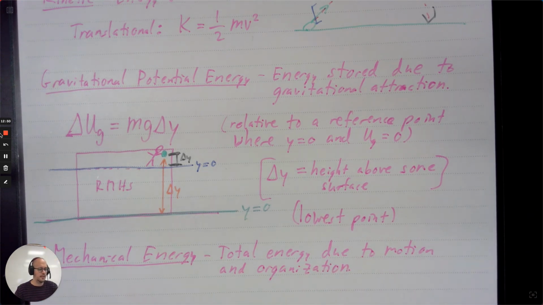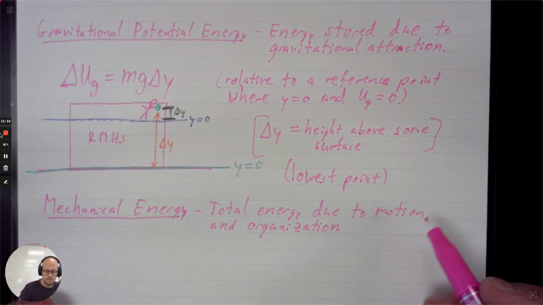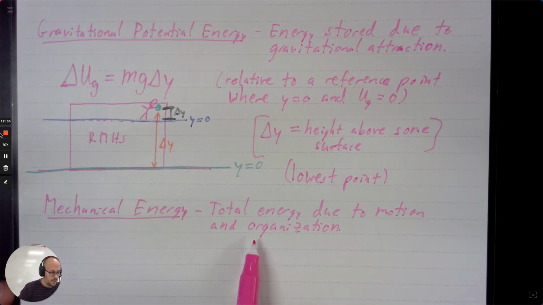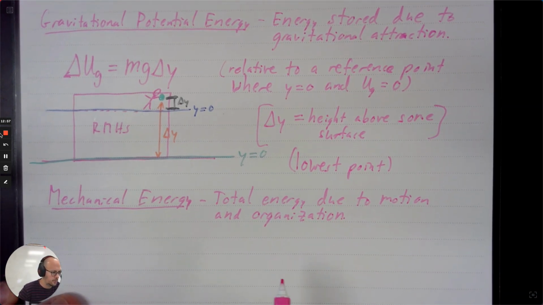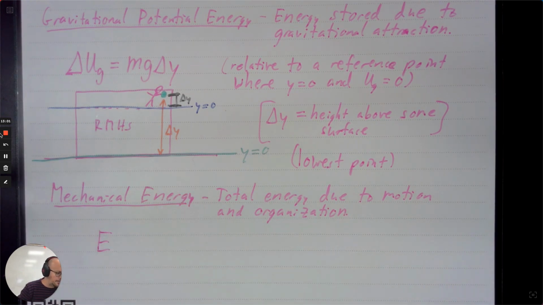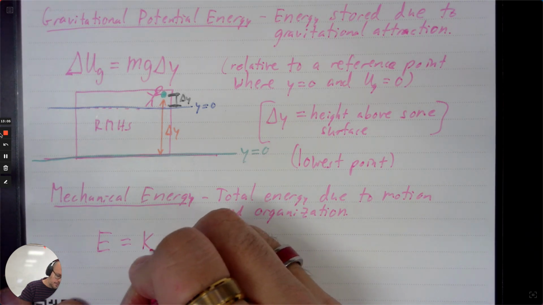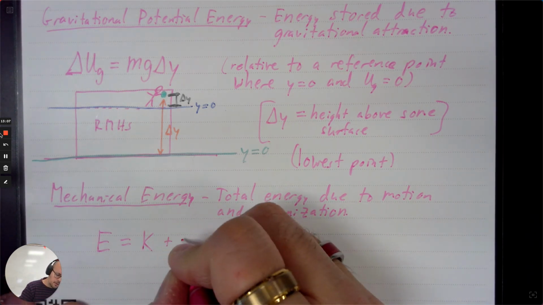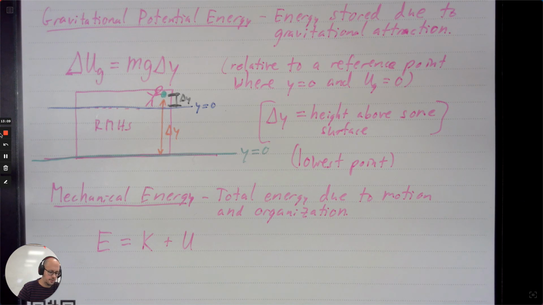The kind of code that I'm speaking in is that motion is kinetic energy. Organization is a good placeholder for potential energy. So the variable for mechanical energy is a capital E, and mechanical energy is equal to all of the kinetic energy plus all of the potential energy.